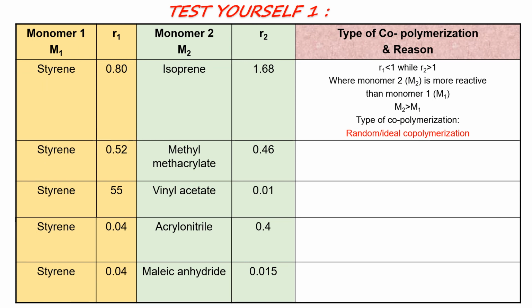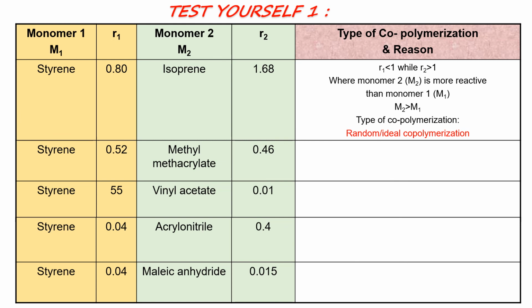So here I leave a few problems for you to try to solve. Happy trying to answer. And I already state the answer for the first one. As you can see, monomer 1 is styrene, and the reactivity is 0.8, while monomer 2 is isoprene, and the reactivity is 1.68.